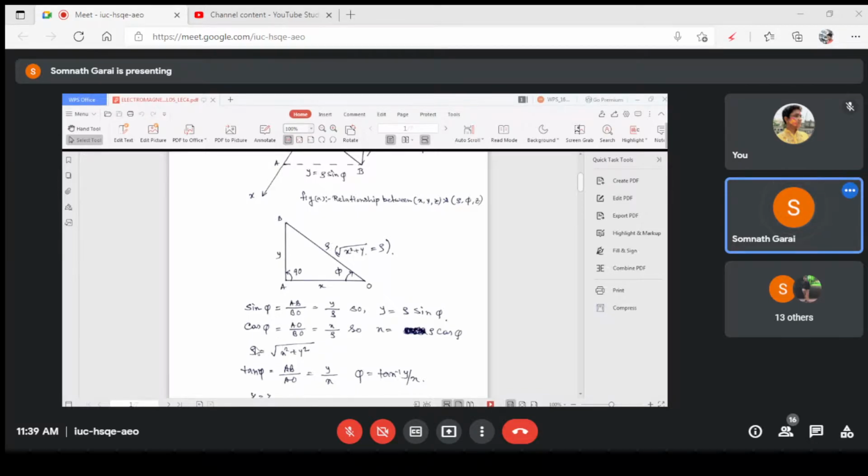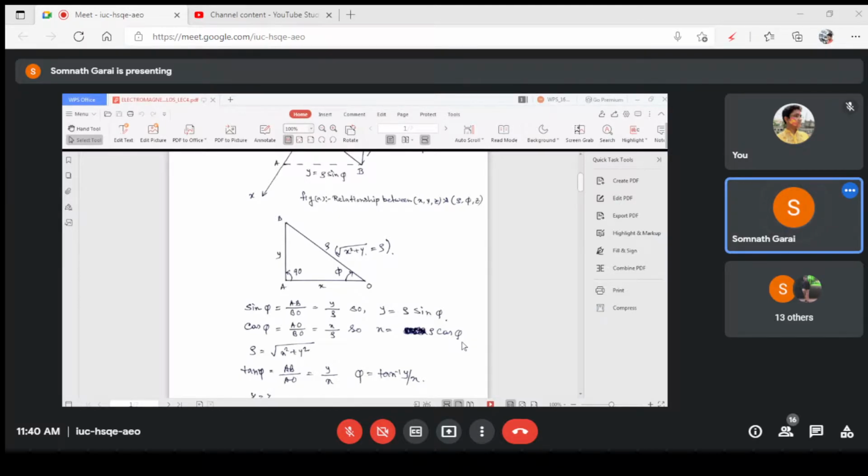So cos phi is equal to x by rho, and from this equation we get x is equal to rho cos phi. So you have to remember very carefully this relation: y is equal to rho sine phi, x is equal to rho cos phi.